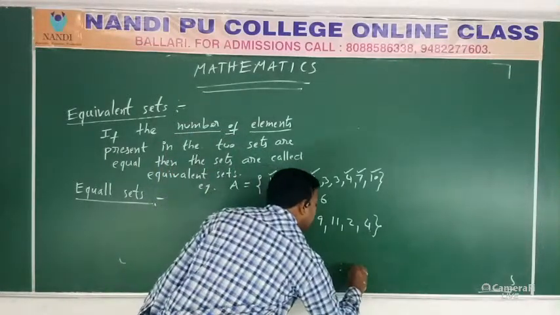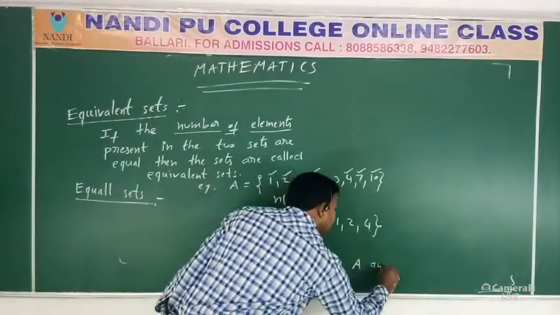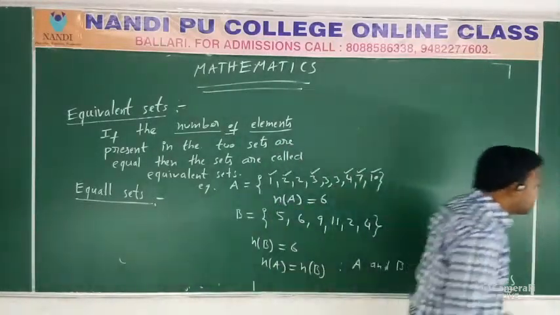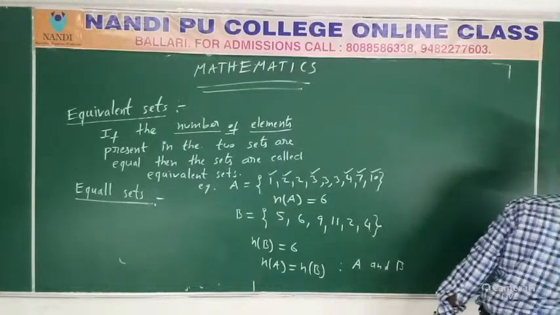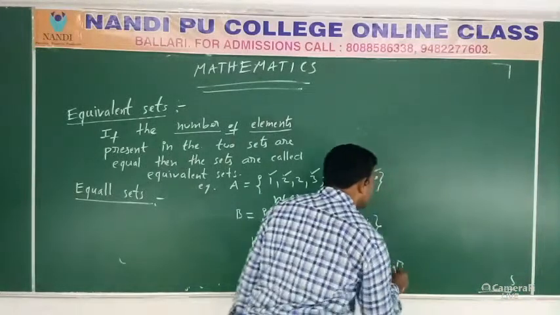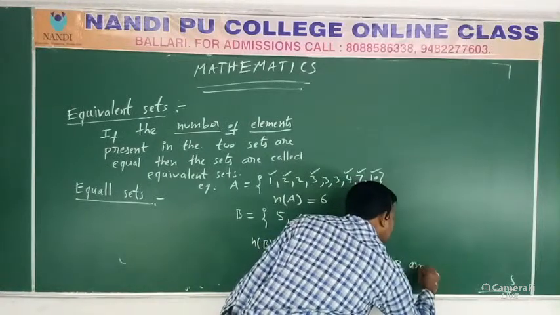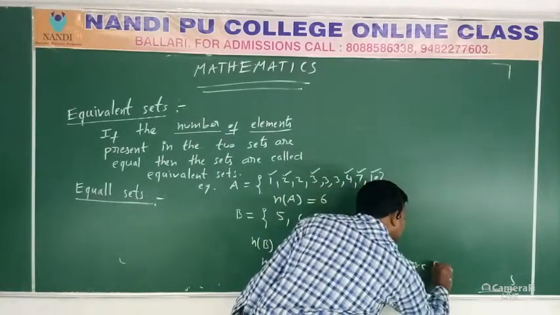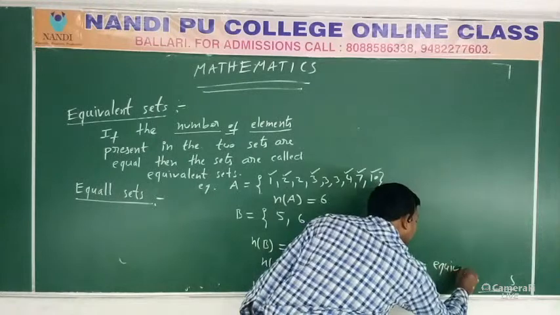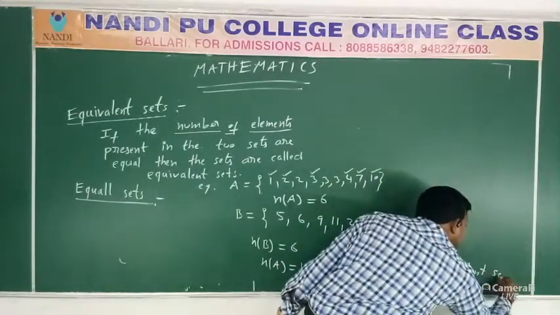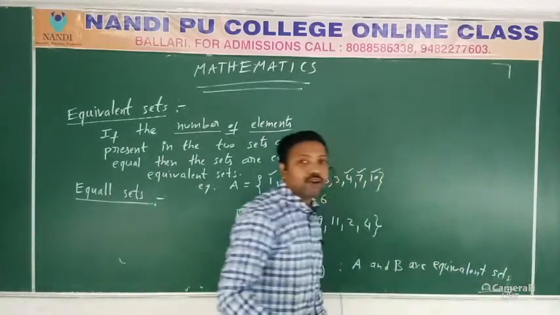So therefore here A and B are equivalent sets. All of you clear?